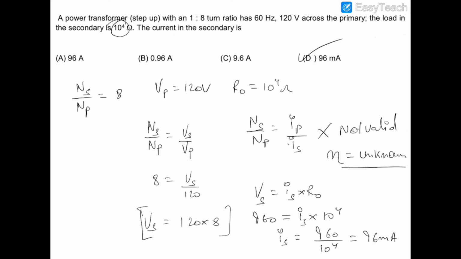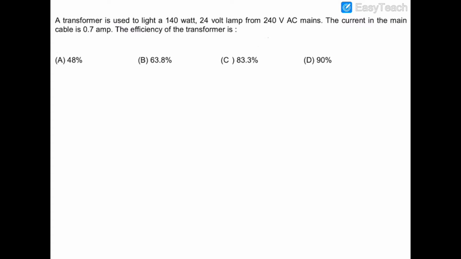Now we move on to the next question. In this question, there is a transformer which is used to light a 140 watt bulb and a 24 volt lamp from 240 volt AC. So the information which is given to us is that if this is a transformer, we have to light up this bulb from this power source.